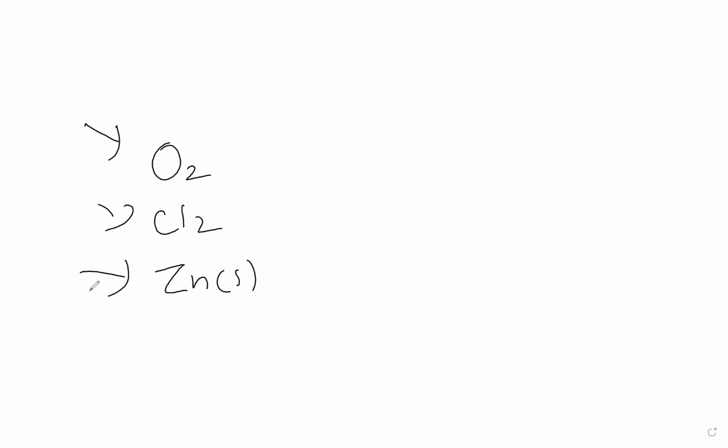Whenever you see something by itself, such as oxygen, O2, or Cl2, or Zn solid, it's the same type of element. Oxygen has two oxygens, it doesn't have anything else. Chlorine has chlorine and chlorine. Zinc has only zinc, nothing else. Whenever you see this, it's always going to have a zero charge. Make sure that you don't forget it.